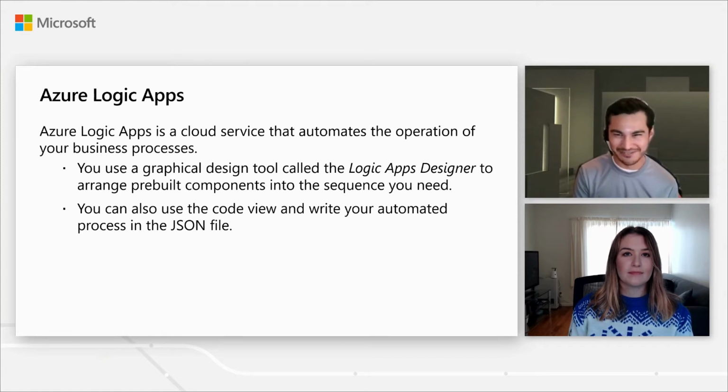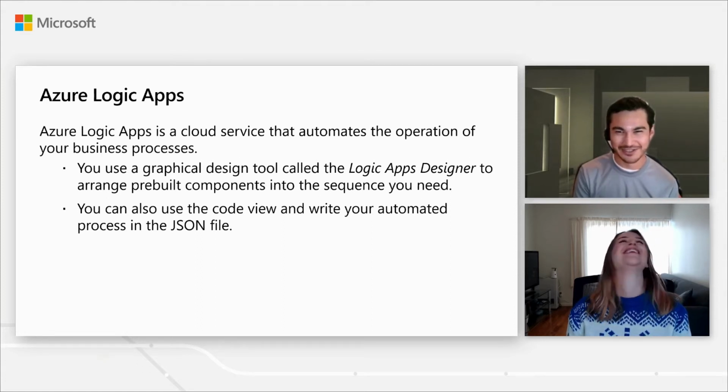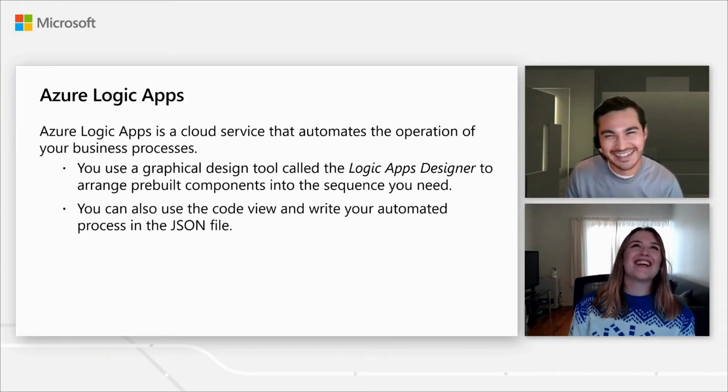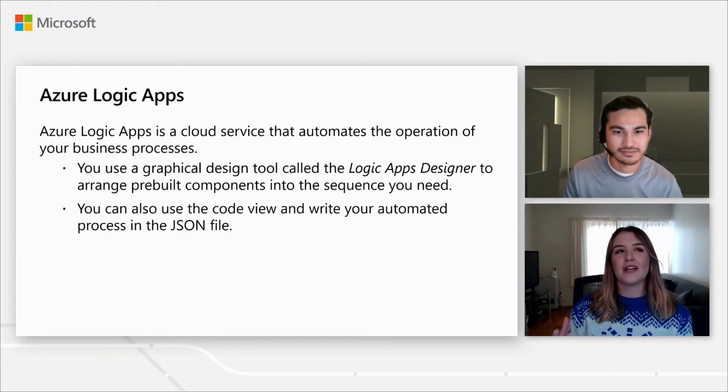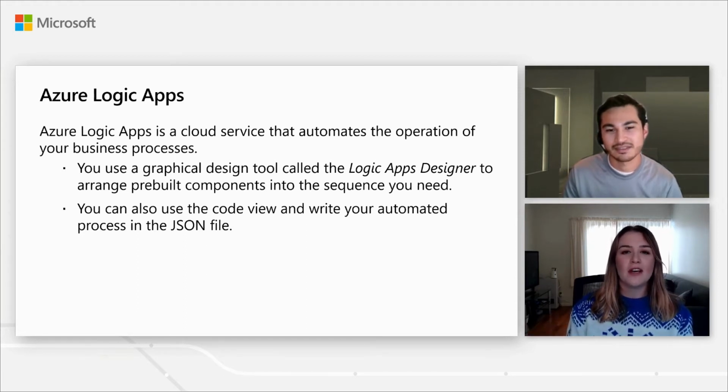Did I make it more confusing, or do you have a simple way of addressing it, Sarah? All I'd say, not dissimilar to you, Jordan, is that Logic Apps is the name of the Azure service, and a playbook is the individual flow or group of actions within it that make up the automation that runs in Logic Apps.